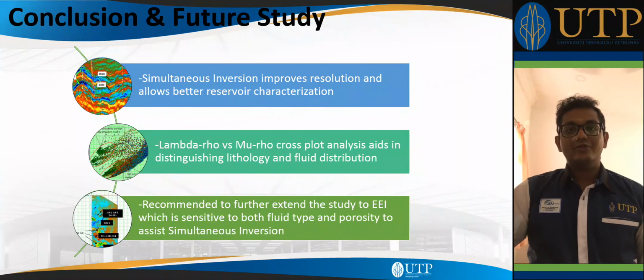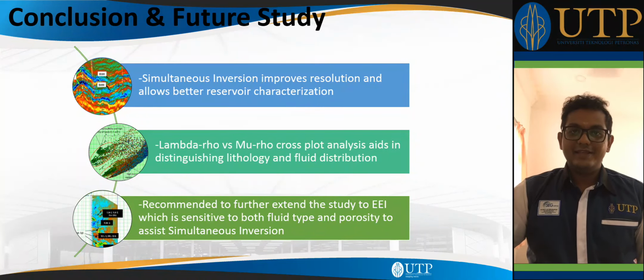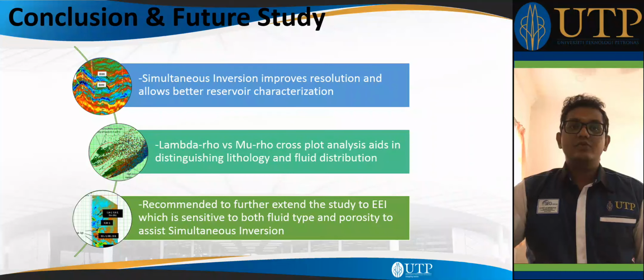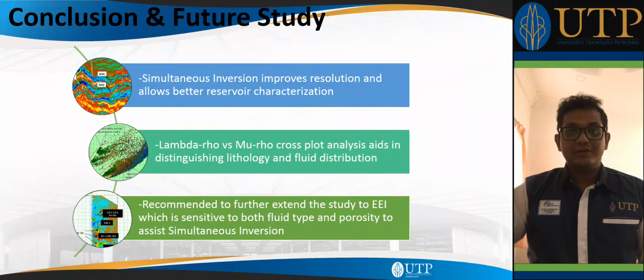And we also like to propose to extend the study to understand elastic impedance inversion, which is also angle dependent inversion that is generally sensitive to both fluid types and porosity, to assist the simultaneous inversion even better in future.